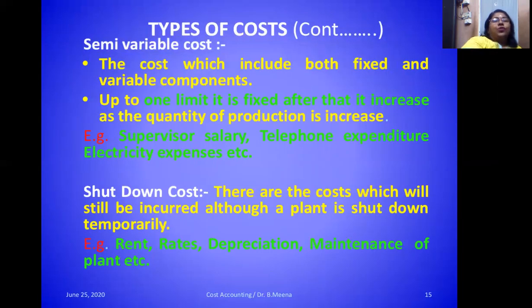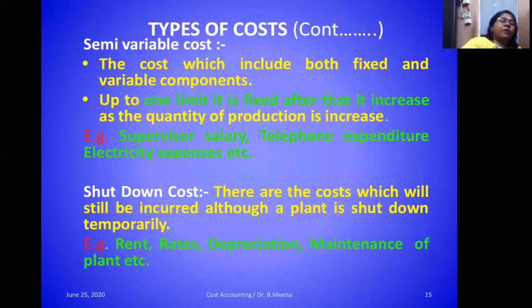And semi-variable cost, you know very well: to some extent it will remain fixed, after that it will vary. That cost is called what? Semi-variable cost. So it includes both a fixed portion as well as a variable portion. Up to one limit it is fixed, after that it will increase as the quantity of production is increased.